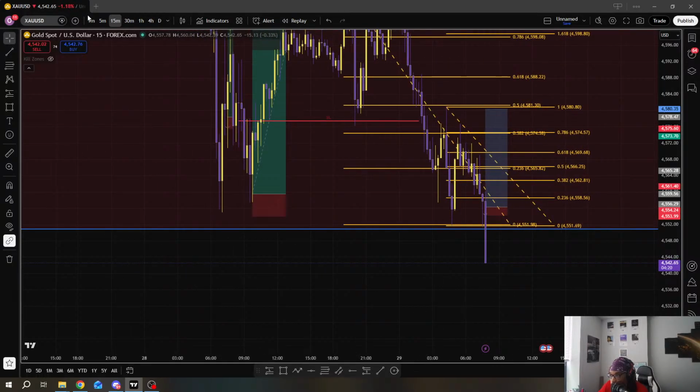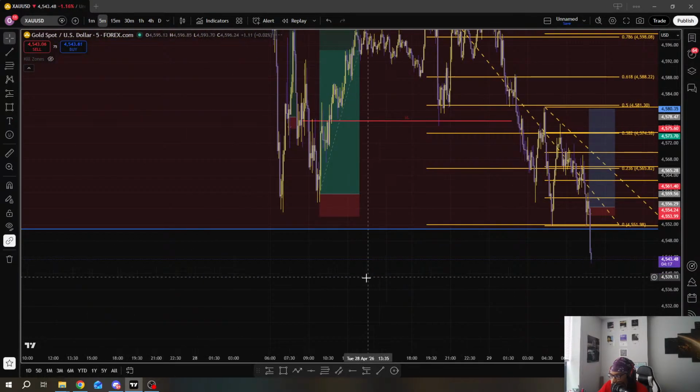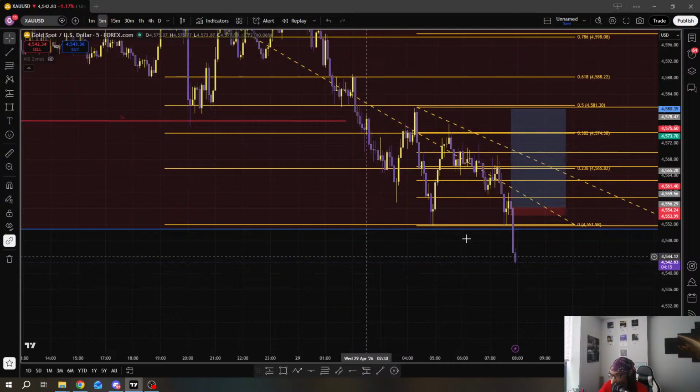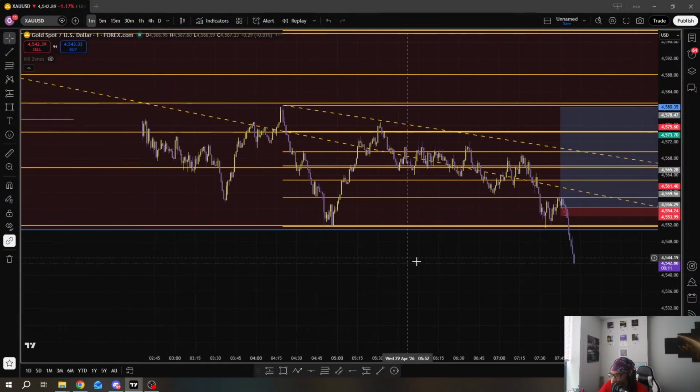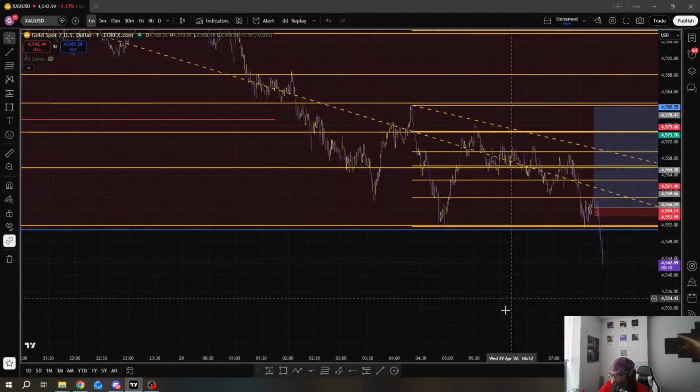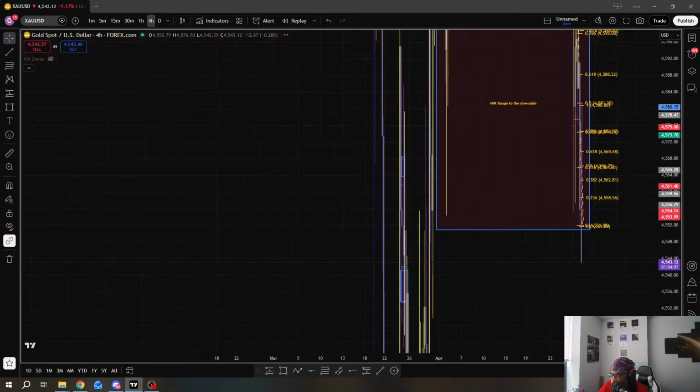But this is still pushing. This looks like it's still pushing. And so a liquidity grab is a little invalidated right now. I'm not really sure where this thing is going to push to.